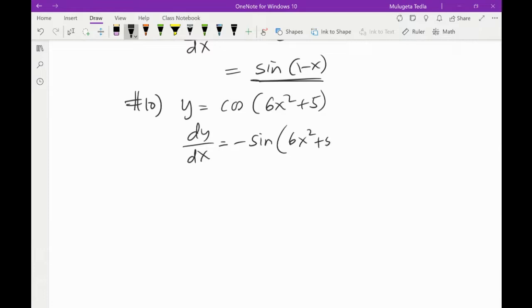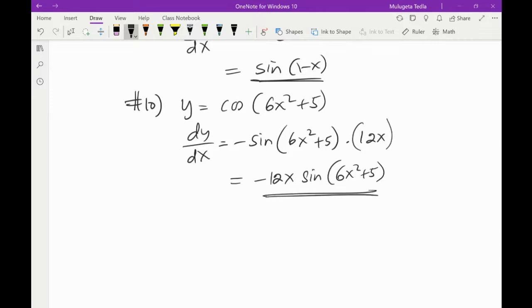You don't touch the angle until you finish finding the derivative of that. So the derivative of cos is negative sine of the angle times the derivative of the angle. The derivative of the angle is 12x. So this is negative 12x sine of 6x squared plus 5 would be the answer.